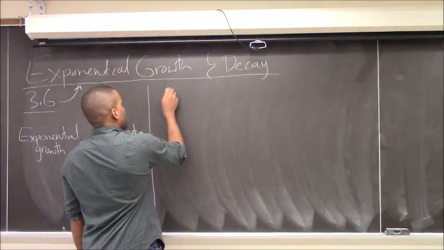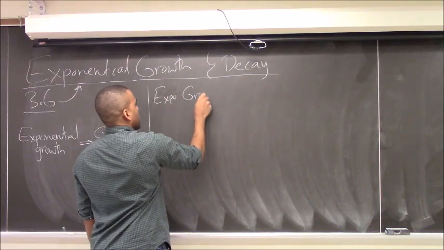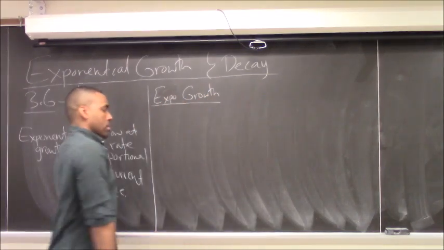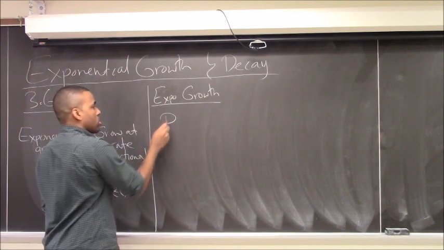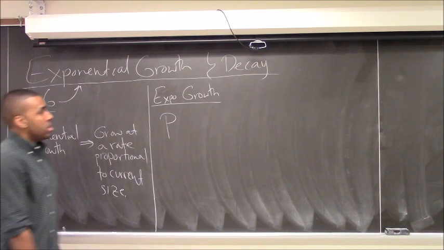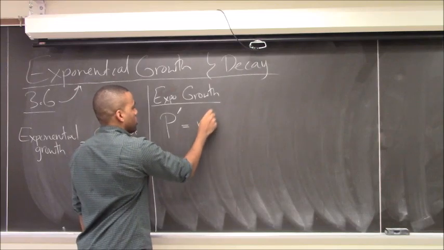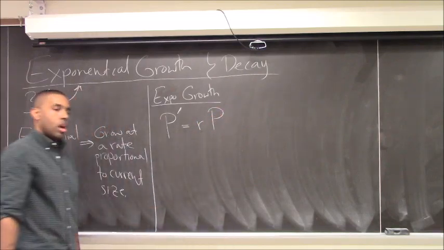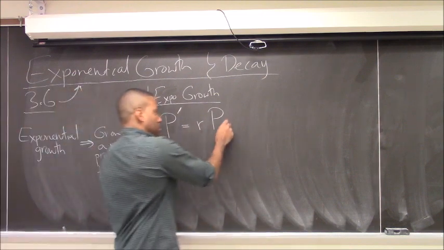So if we're talking about exponential growth, let's say P is what we're using to measure the current amount of the substance we're looking at. It tells you that the rate of change of P is proportional to its current size by a proportion R, which usually represents the percentage change.